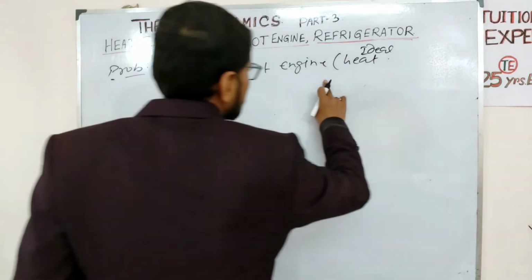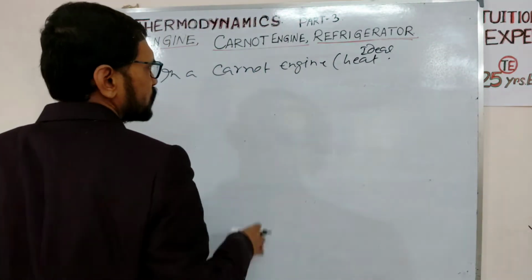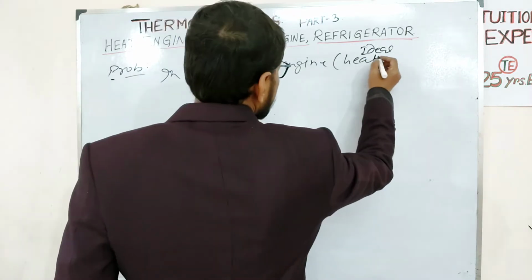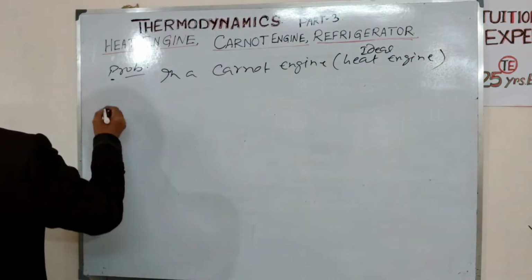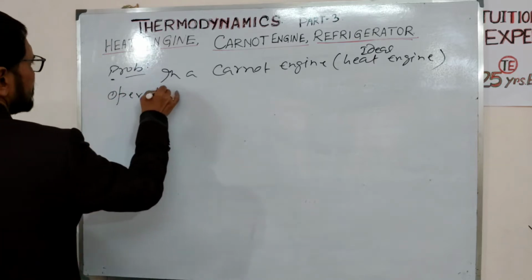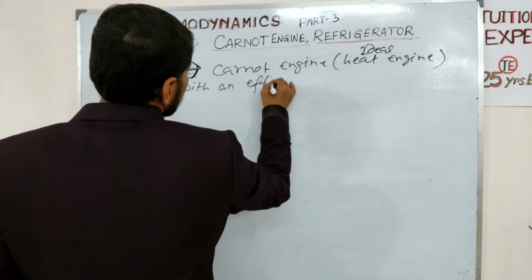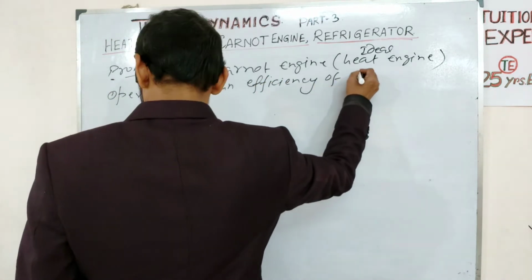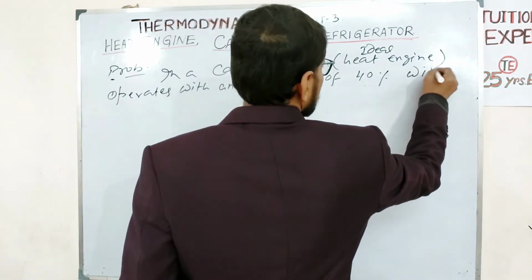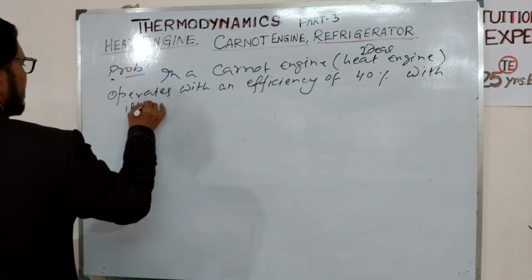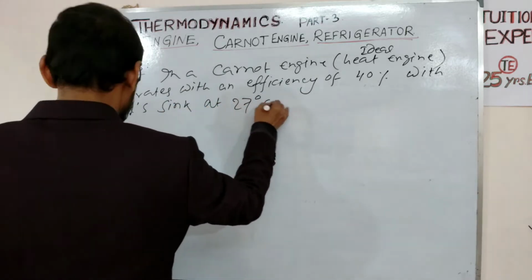I will discuss the Carnot engine later, but this is actually a heat engine, so you use the formula of the heat engine. An ideal heat engine, a Carnot engine, operates with an efficiency of 40% with its sink at 27 degrees.